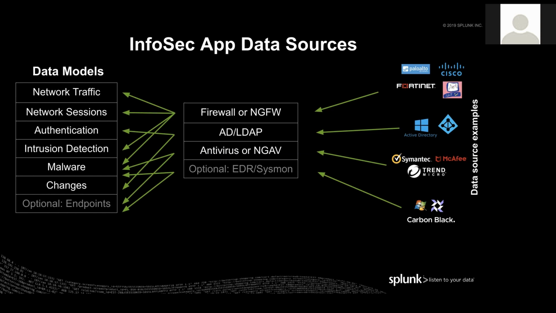So there is really a handful of data sources that every single organization would have, right? What I'm talking about would be things like your domain controllers, your perimeter firewalls. In many cases, it will be some form of so-called next generation firewalls, right? So whether it's your Palo Alto, Cisco, Fortinet and things like that.